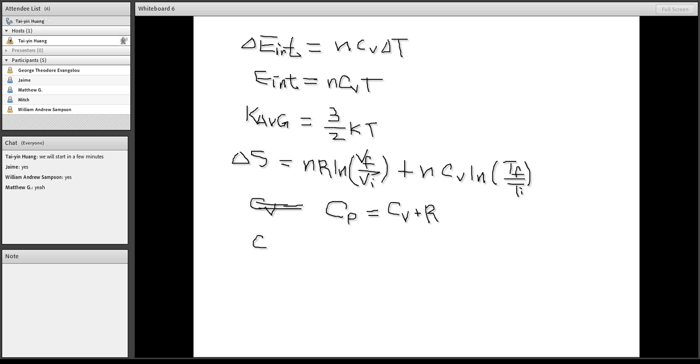When you're dealing with a monatomic gas, your Cv is 3/2 R, and when you're dealing with a diatomic gas, that becomes 5/2 R.